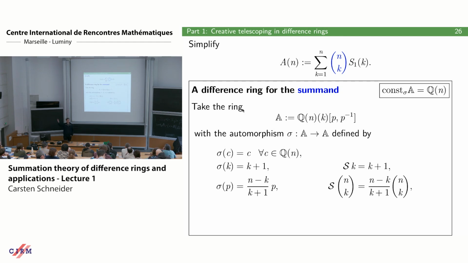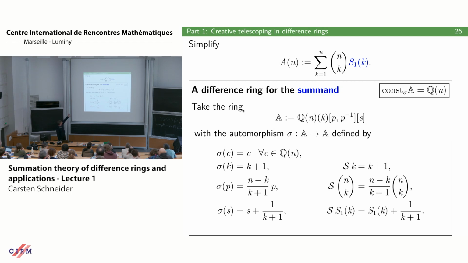But also I introduce 1 over P. Okay, and P times 1 over P is equal to 1 is the relation. So we have these Laurent polynomials, and this forms a difference ring. So you can uniquely, again, extend the automorphism by saying this map should be satisfied, that you apply it on all of the terms. And finally, we see here the harmonic numbers. So I introduce a new variable, and we have this shift behavior.